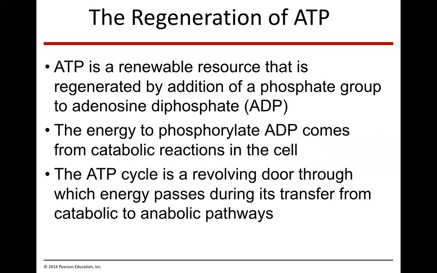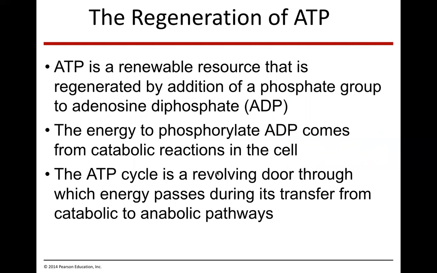ATP gets regenerated, and this is a review from what you learned last year, but I'm just reminding you. ATP into ADP is when you require energy to drive a process. When the process creates extra energy that we need to store, we store it in the ATP molecule by turning ADP into ATP.